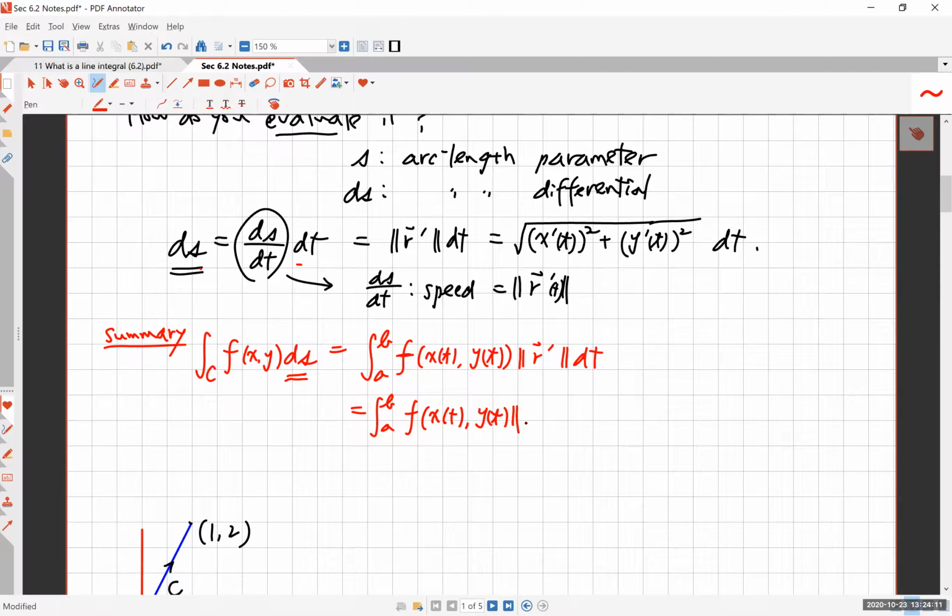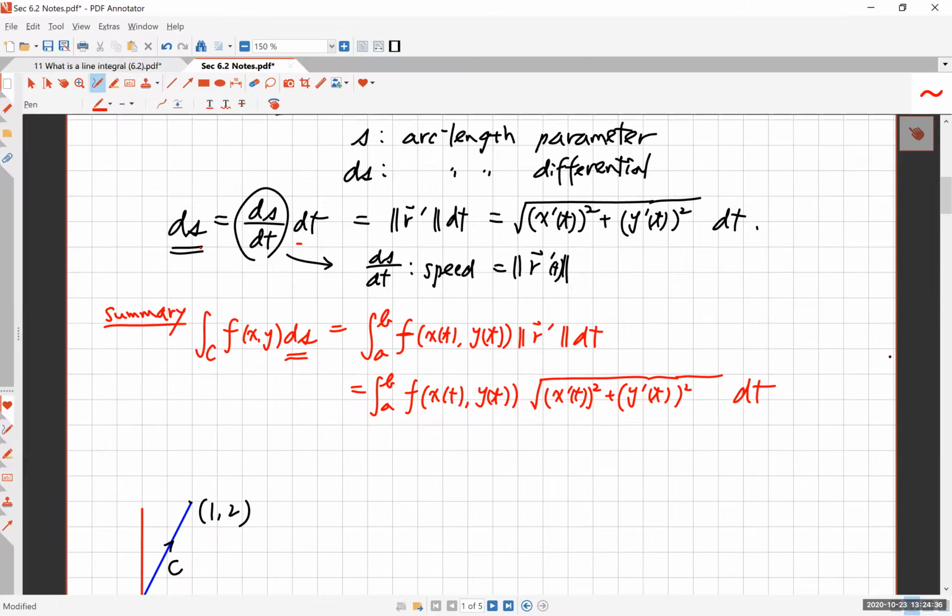It's going to be long, but if you want to, you can spell out everything about the speed. What is the speed? It is the square root of x prime squared plus y prime squared. And by the way, if you have a third variable, then it'll be z prime squared, right? So this is how you can calculate the line integral.